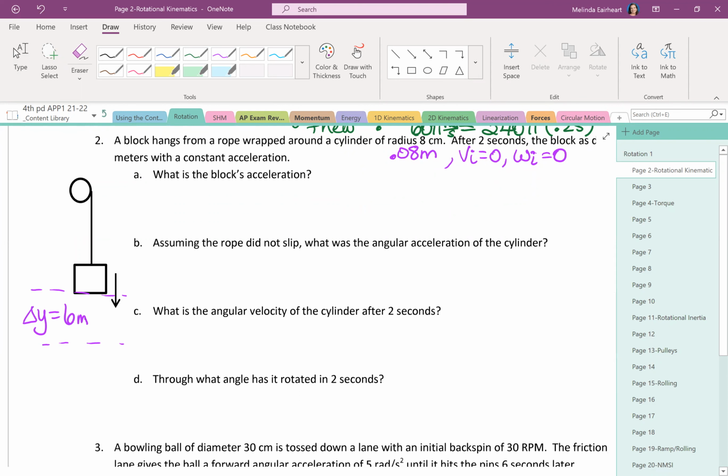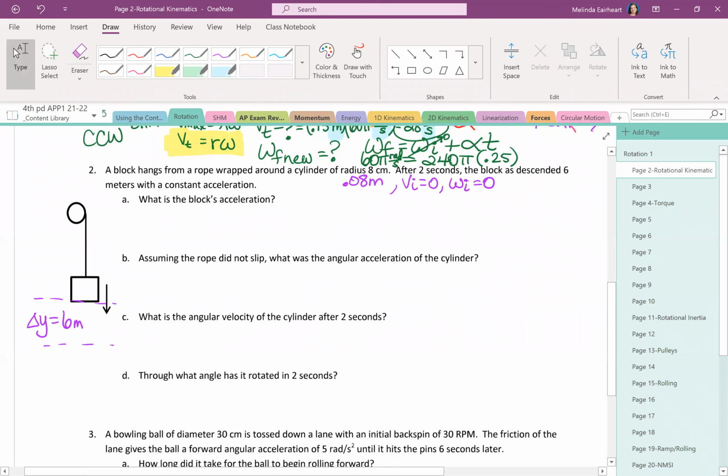Now they don't tell us the acceleration because A and B. A, what is the block's acceleration? And then B, angular acceleration. And so notice they gave us quite a bit actually of linear quantities. We're finding the linear acceleration in A and the angular quantity in B. Typically, they don't say linear acceleration, but if they want angular, they'll say angular.